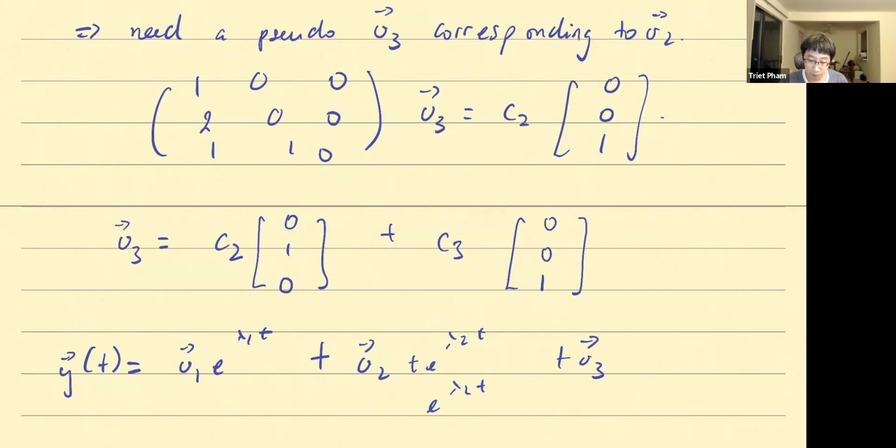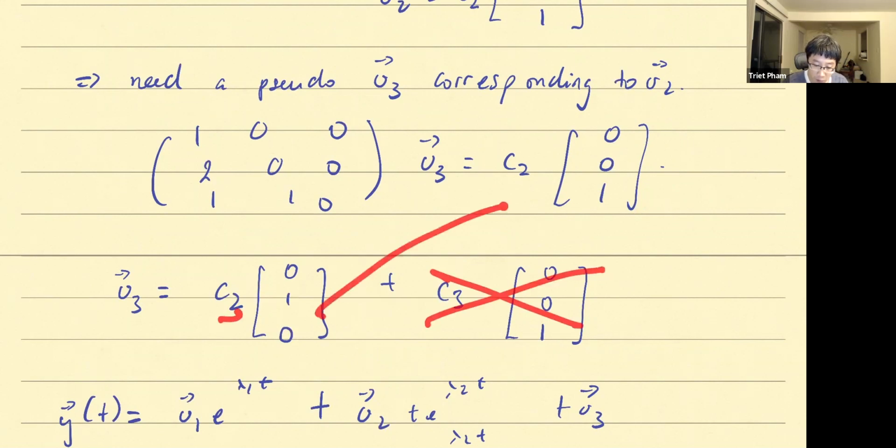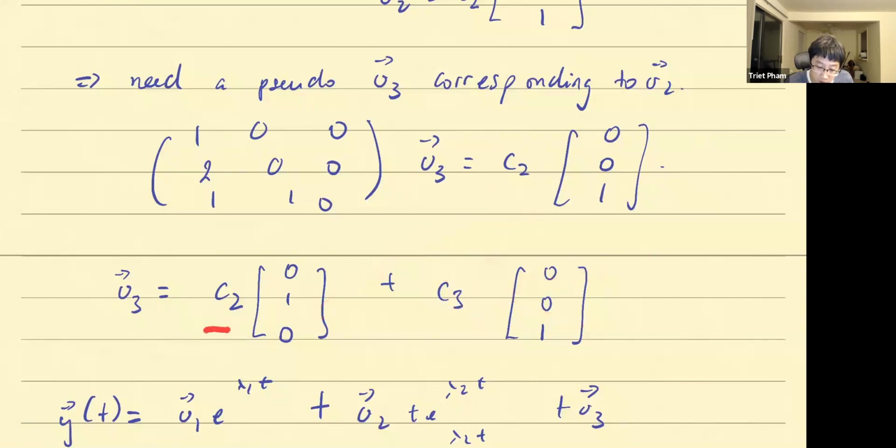The reason is the C2 here is attached to the right-hand side. If you put a C3 here, and ignore this for now, do you see that this cannot match with this? Because simply it's C3 and it's not C2. So the C2 is because this is a particular solution matching with this.